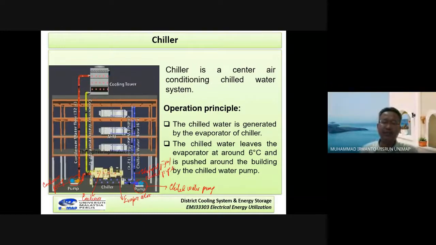Now this chilled water has a temperature of around 6 degrees Celsius.